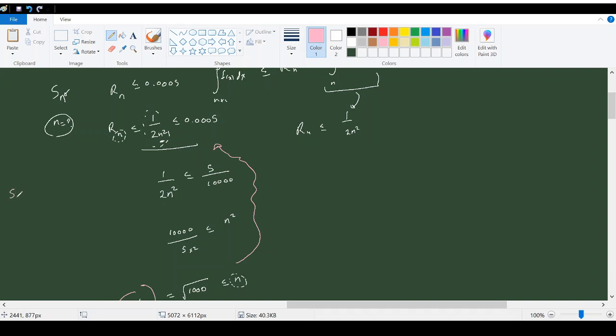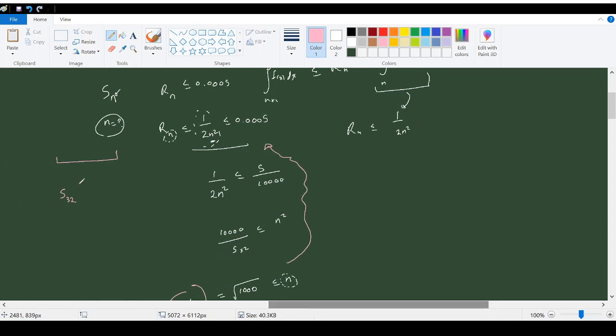So basically what we have is, for S32, that means if we add the first 32 terms, then the difference between this sum and the actual answer, that means the error of adding the first 32 terms, represented by R32, will be less than or equal to 0.0005.